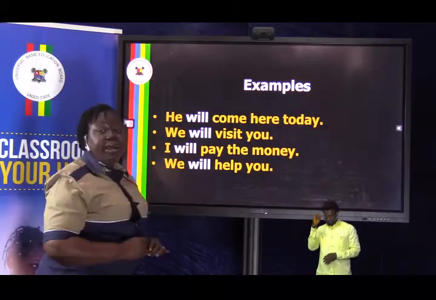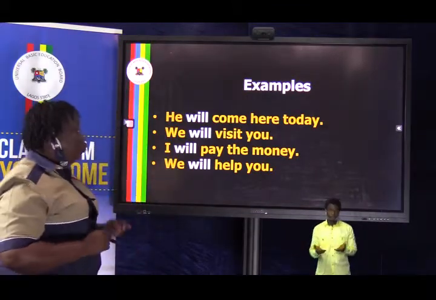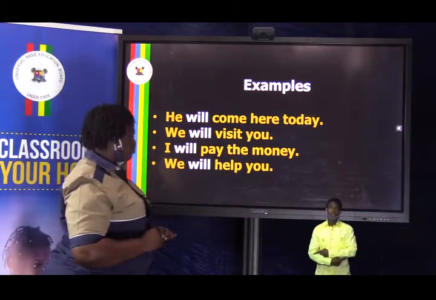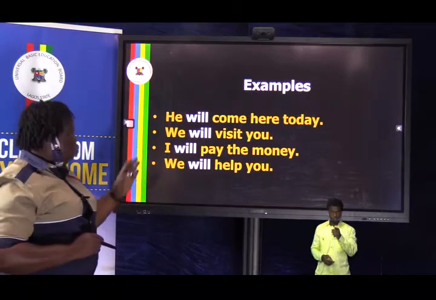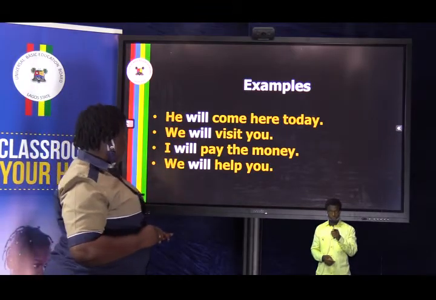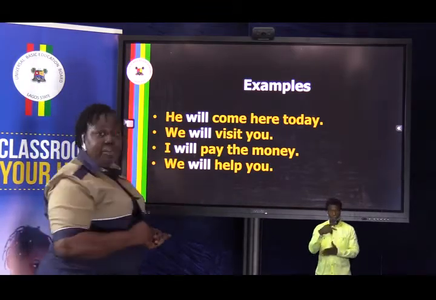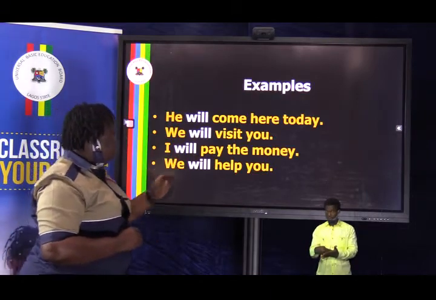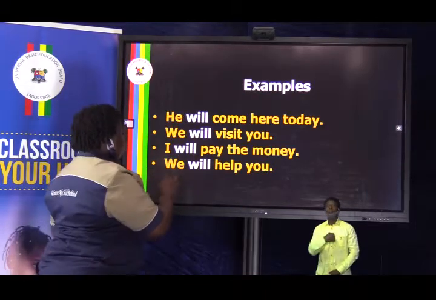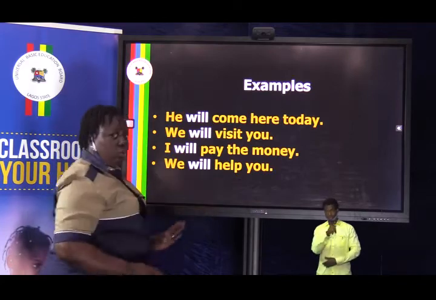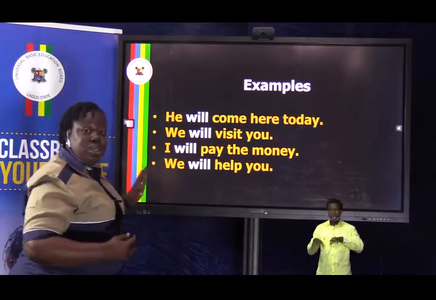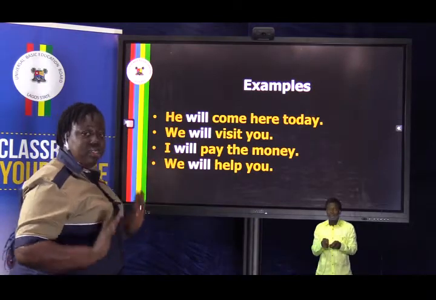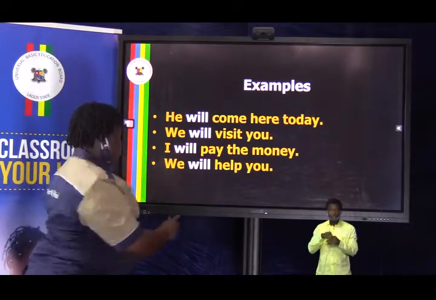He will come here today. We will visit you. I will pay the money. We will help you. Looking at all these examples, all those actions are not taking place yet. They are things that will happen in the future.